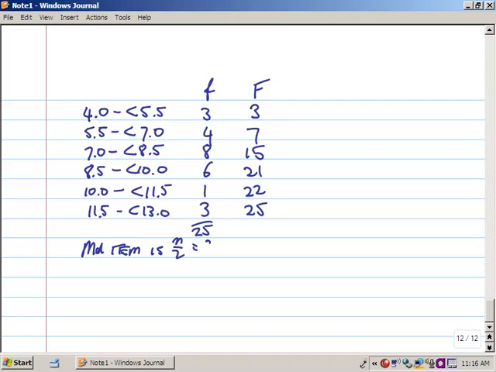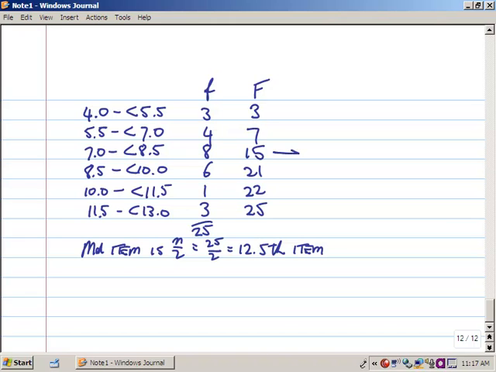So then we look for the median item. It's the n on 2 item, or in this case 25 divided by 2. Don't round this off, it's the 12.5 item. So we're going to go through the data set and look for the 12.5 item. It's not in the first interval because we have items through item 3. The second interval has items through item number 7, and then the third interval has items through item number 15.